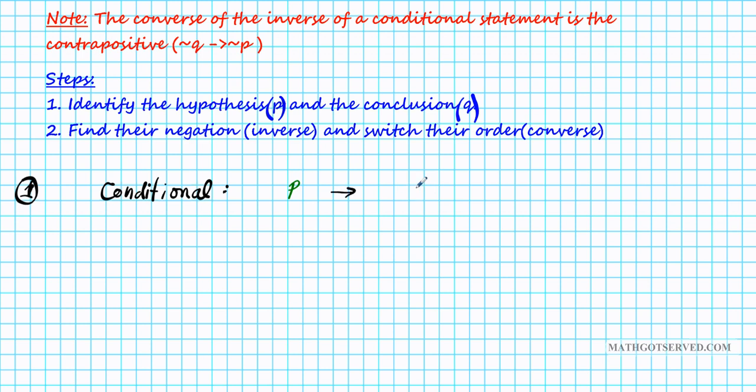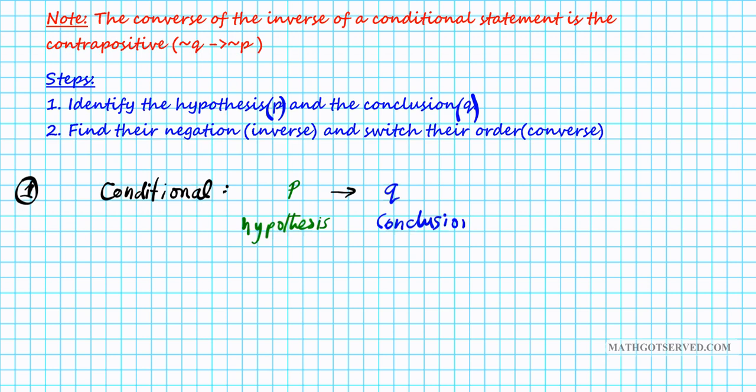Let me color code it so that we can keep everything organized and delineated. P is our hypothesis, and Q is our conclusion.